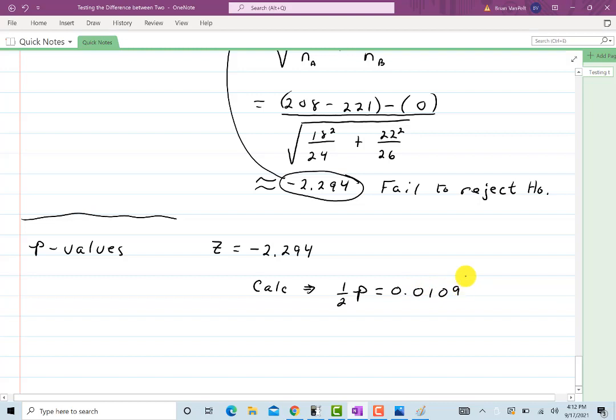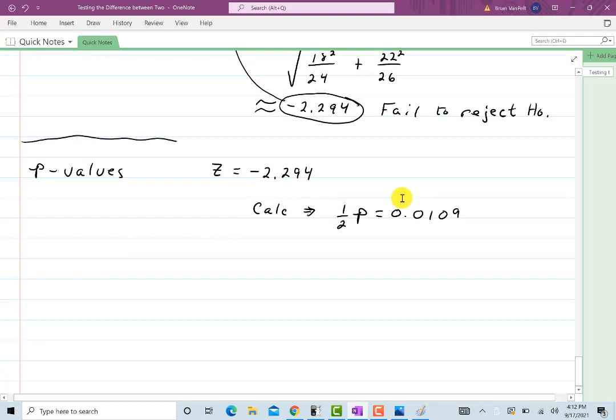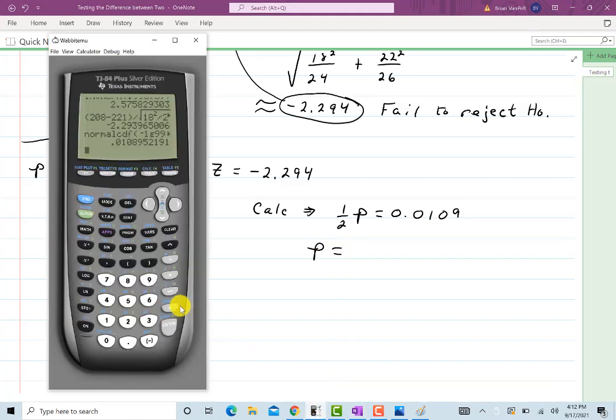That's because this also works a little bit like that. This is the amount of area to the left of that, but since it's a two-tailed test, there's also, on the positive version of this number, that amount of area to the right. So remember, you've got to multiply this by 2. P then will equal twice that number. So let me have the calculator back and multiply that by 2. So I get 0.218.